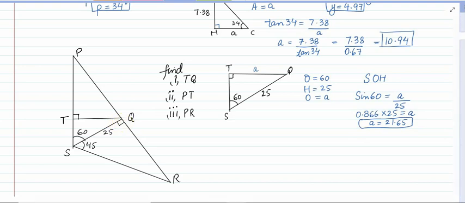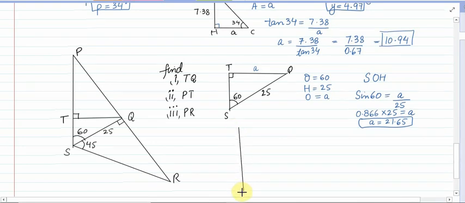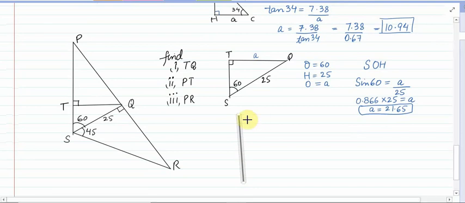Now, if I plot the triangle PSQ, that is our triangle P, S and Q. This angle is 60 and angle Q is 90, this one, right?